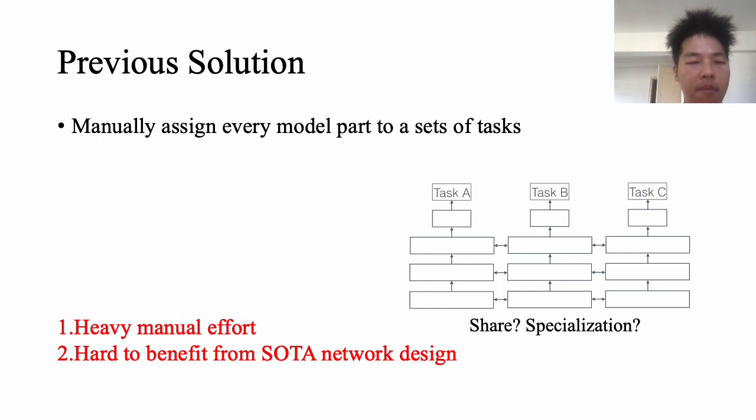First, it needs heavy manual effort. You need to design the whole model. The second is it makes the model hard to benefit from state-of-the-art network design. For example, you design a CNN-based multitask model, and then when the transformer comes out, it is hard. You need to redesign the whole architecture, and it is hard to apply the new technique.